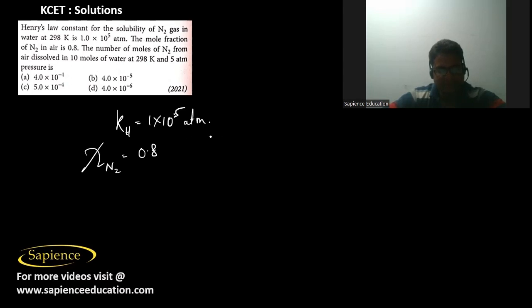So here we know that the pressure of N2 equals Henry's constant kh into chi of N2.